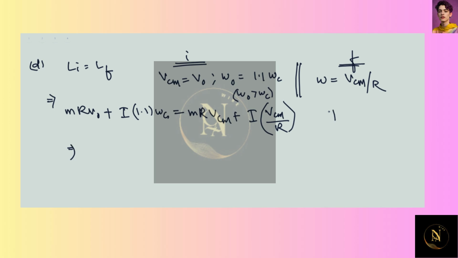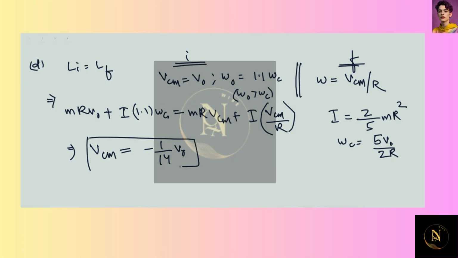Again, we can plug I to be equal to 2 by 5 mr square, and omega c, which we found in part B. We can plug these two expressions over here and find the velocity of center of mass, which will come out to be equal to negative 1 over 14 times v naught.